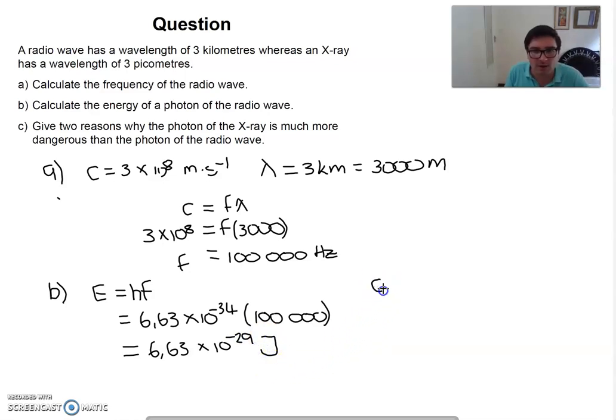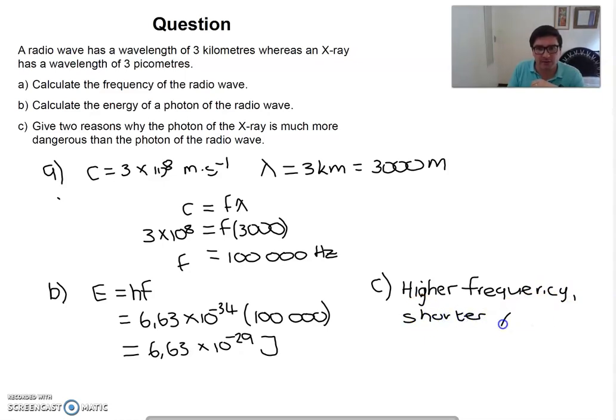Now, the last question they asked me, give 2 reasons why the photon of the X-ray is much more dangerous than the photon of the radio wave. Now, guys, like I said already, the X-ray has a higher frequency. Okay, why do we know it has a higher frequency? Because it has a shorter wavelength.